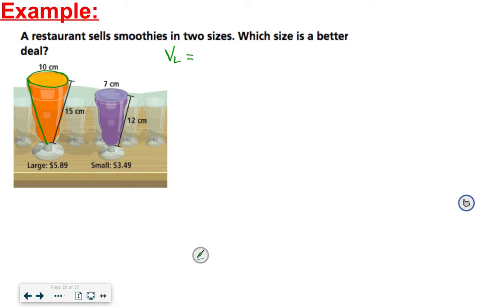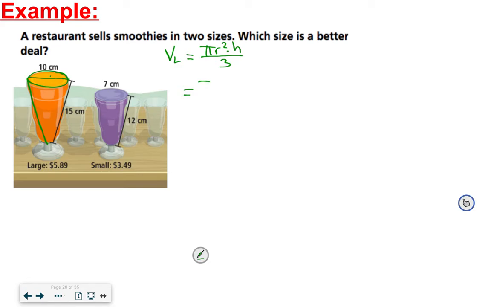First, you will find the base area. If this is 10 centimeters, the radius is 5 and the base area is pi r squared times height over 3. This is how we are finding the volume of the cone.